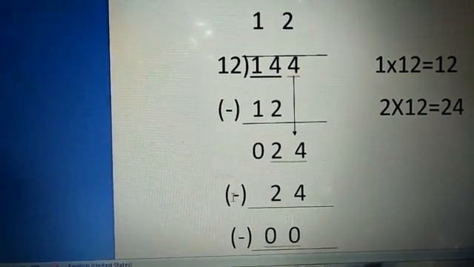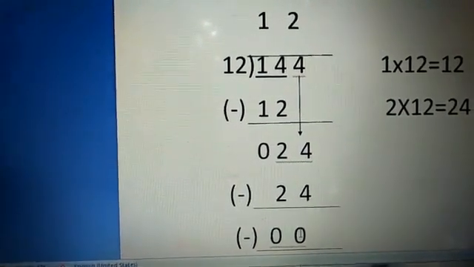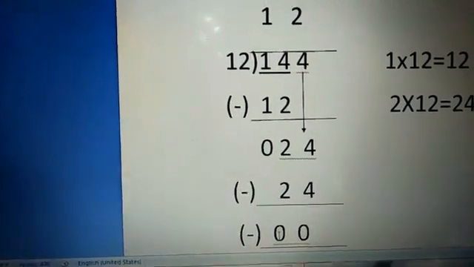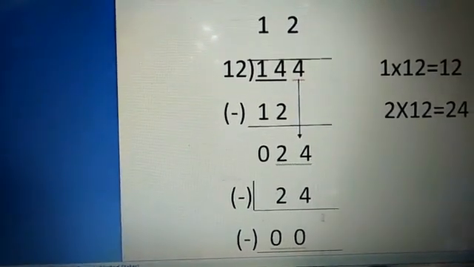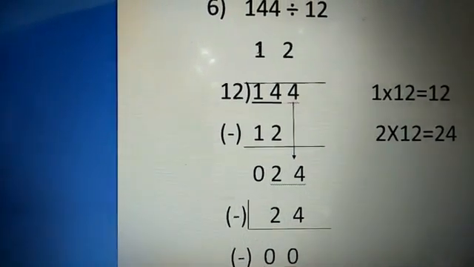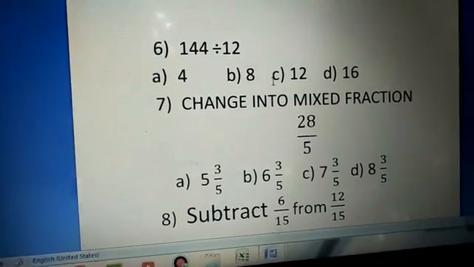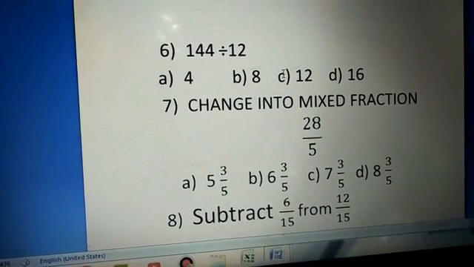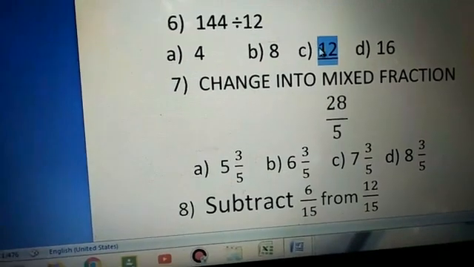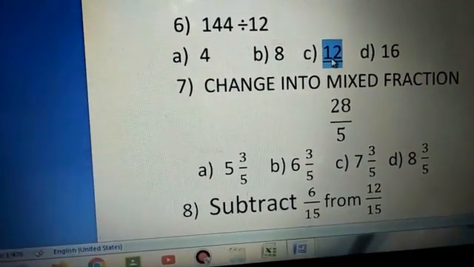So 4 minus 4, 0. 2 minus 2, 0. So our remainder is 0. The quotient is 12. So where is 12, children? The 12 is in the C option. So this is our answer. So children, I highlight the 12.